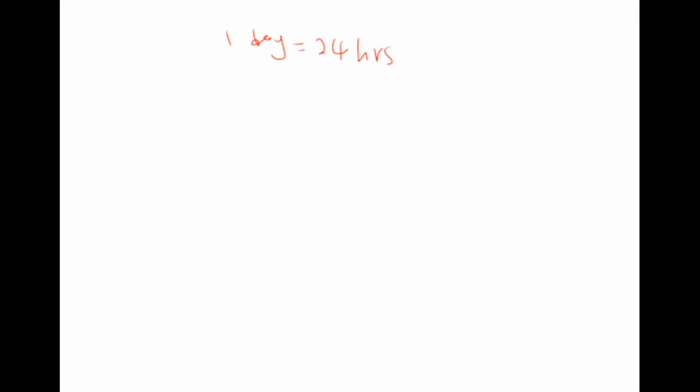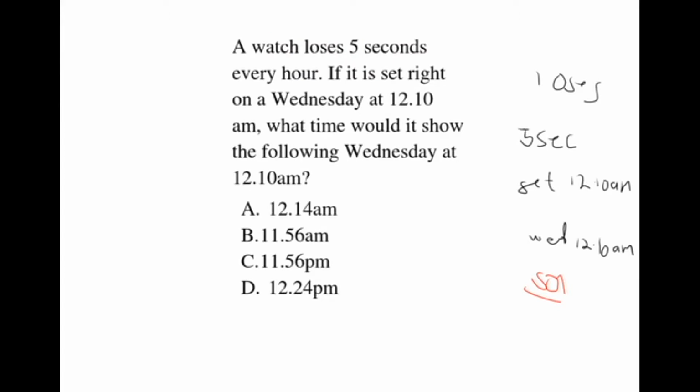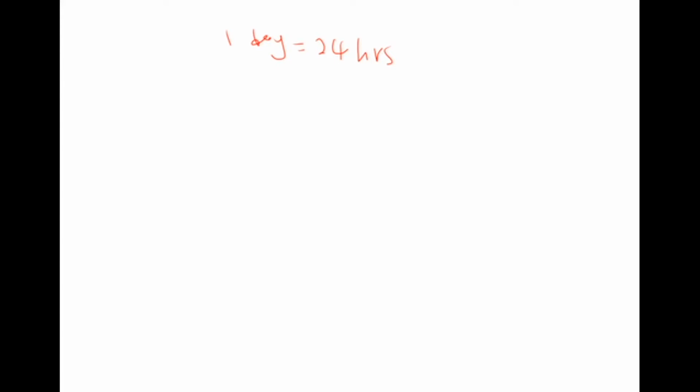Then, from Wednesday 12:10 a.m. up to Wednesday 12:10 a.m. that is the following week, these are a total of 7 days. And a day has 24 hours.